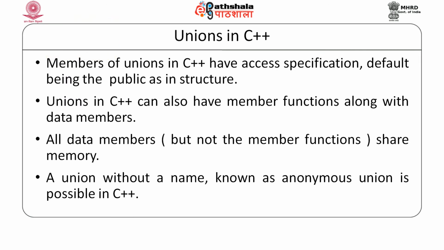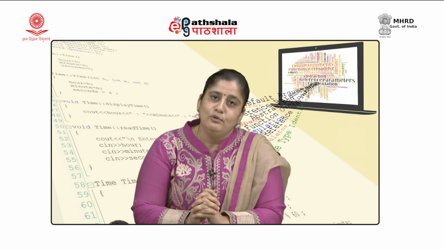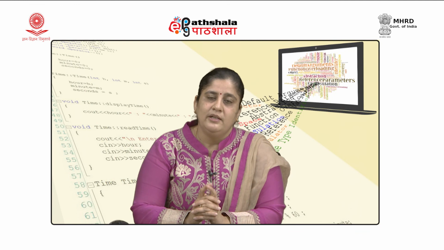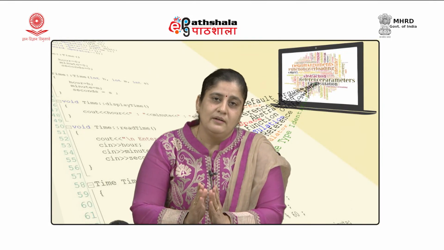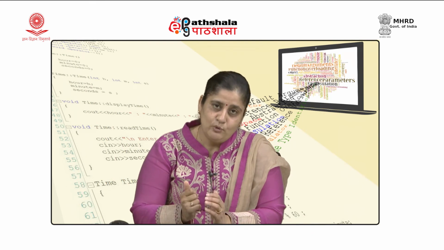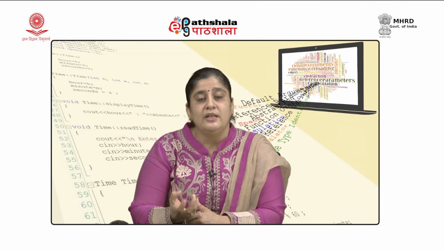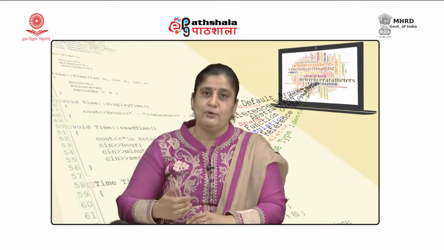Now, apart from structure and the class, we can also define unions in C++. In C also the keyword that we use to define a union is union, but as in the case of structure, in C++ we are able to define functions inside it. Similarly, in unions in C++ we are able to define functions.